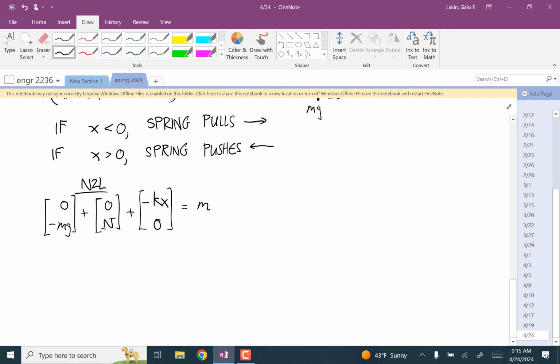And the acceleration is only in the x direction, so I'll write it like this. Okay, so our x component of this equation says negative kx is equal to ma.